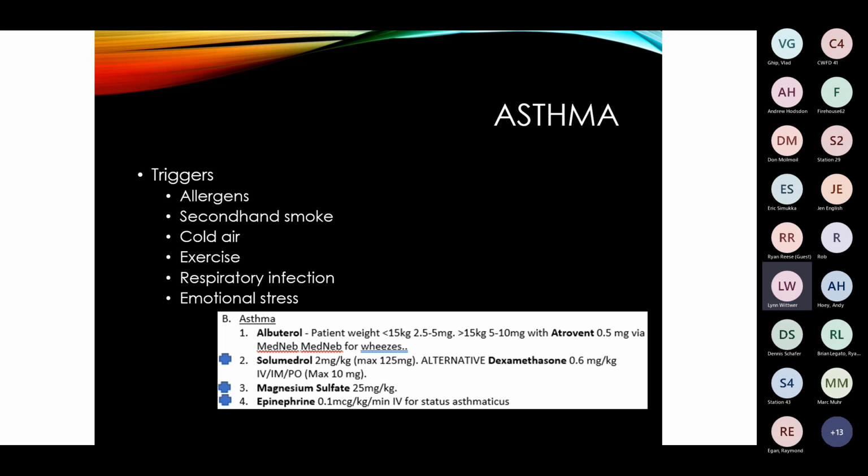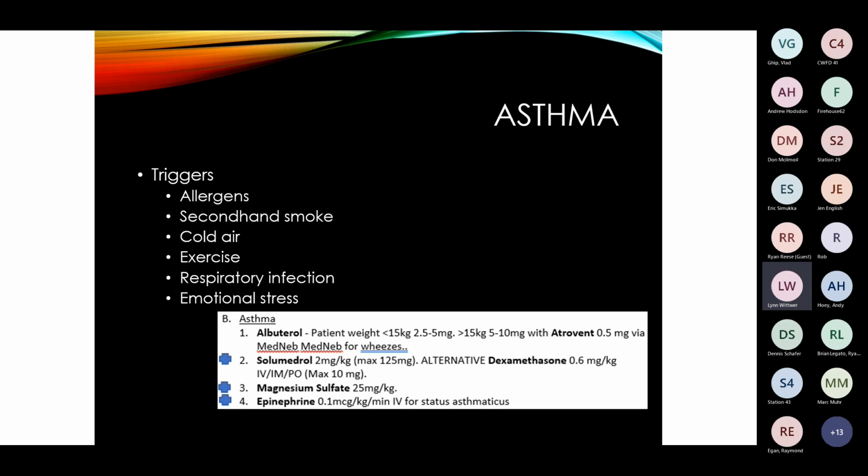It has a half-life of about 3 to 4 hours, so it's wasted if you're going to do another treatment, but it won't harm the patient. So if you only have a Duoneb, then you'll use that again. But if you have albuterol and Atrovent separately, I would recommend for the second dosing of your MedNeb, or a continuous MedNeb, you just use straight albuterol.